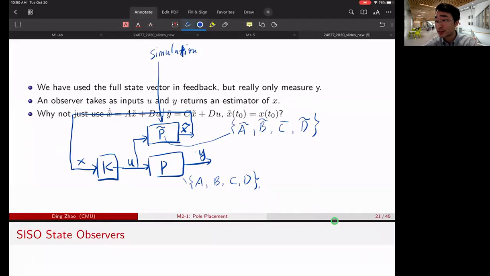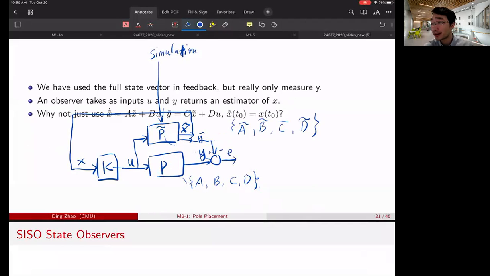Because this is a simulation, I know whatever I run, so I can have this y tilde, and I can output this y tilde and compare it with y. So I have this minus plus. This is our error of y.